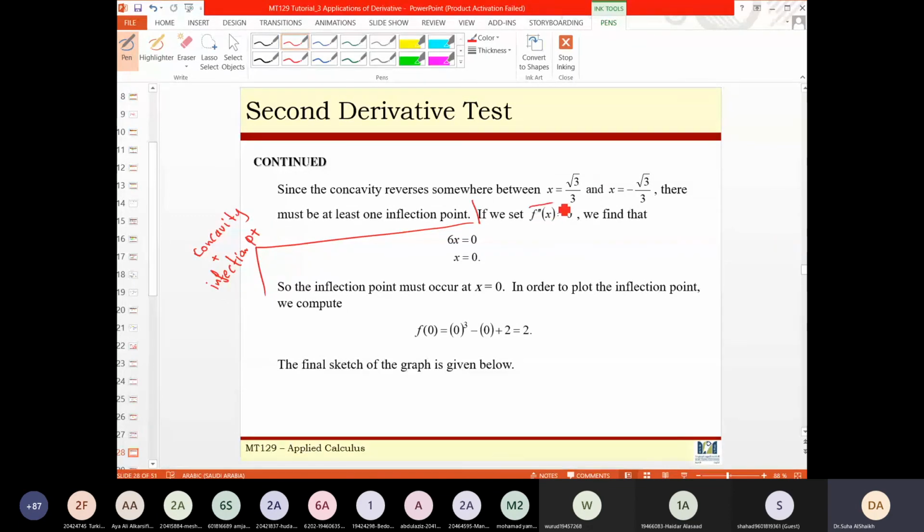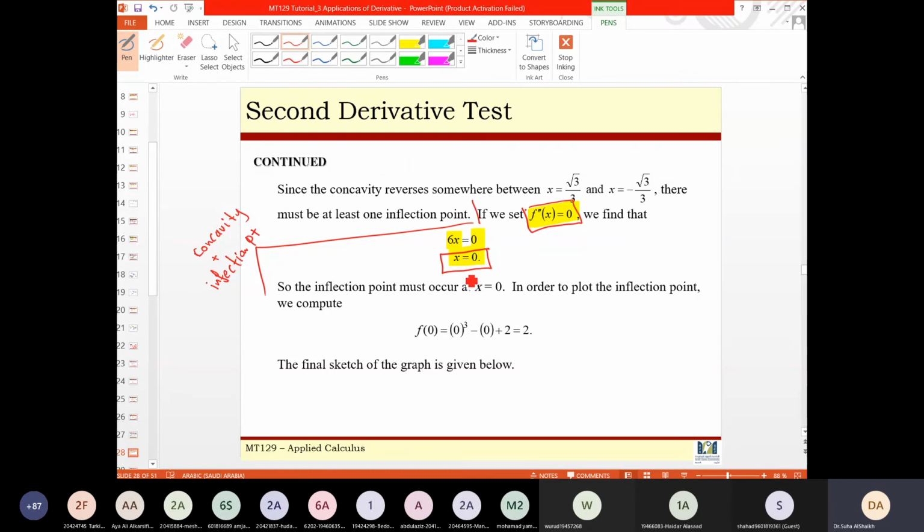To do this, I find f double dash, I make it equal to 0, I get a point. This point may or may not be an inflection point. This is what they did. This is f double dash equal to 0. And f double dash is 6x, so 6x equal to 0. This means x equal to 0, so this is the point that may or may not be an inflection point.